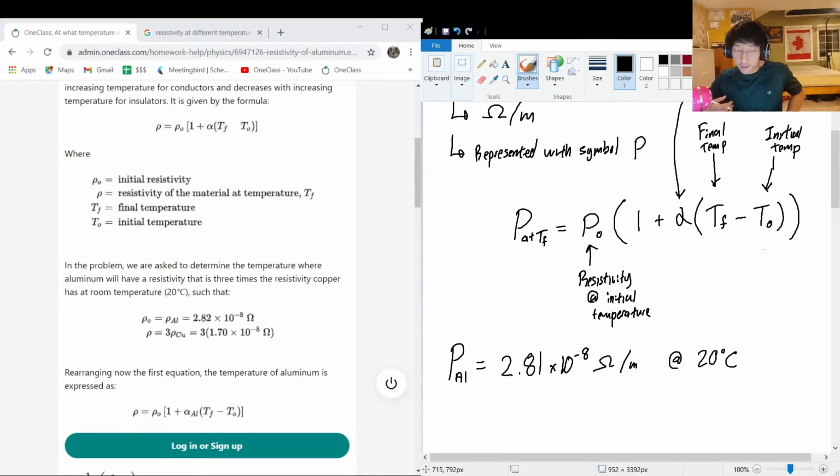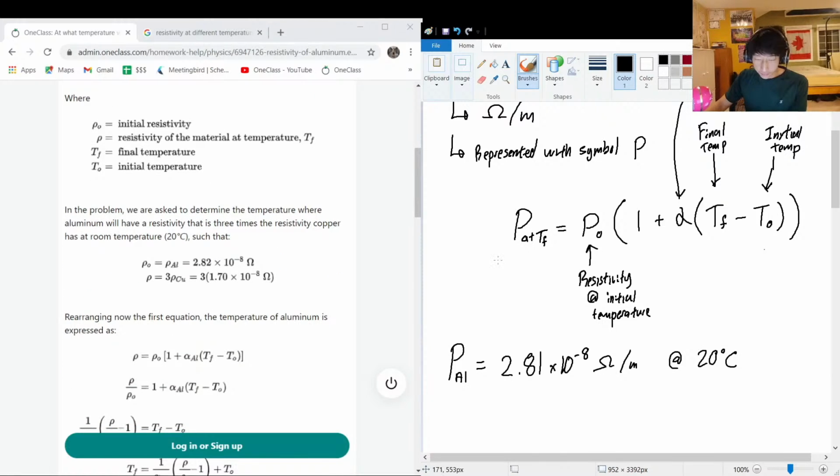That really should be ohms per meter in resistivity, unless we're actually using resistance values, like for a standardized length. I'll need to mention that later on.